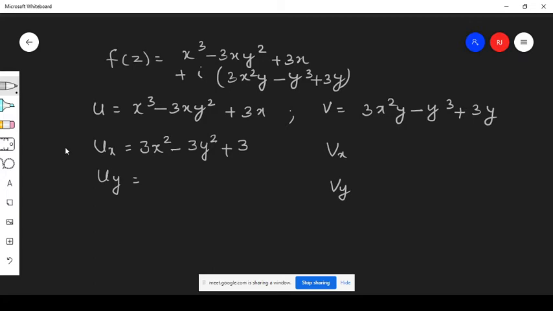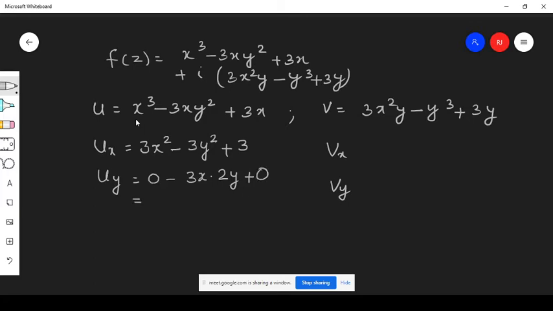Then write this. Now we are differentiating u with respect to y. So x cube is a constant when you differentiate with respect to y, so it is 0, minus 3x constant, then the derivative of y square is 2y, plus the derivative of 3x is again 0 because we are differentiating with respect to y.